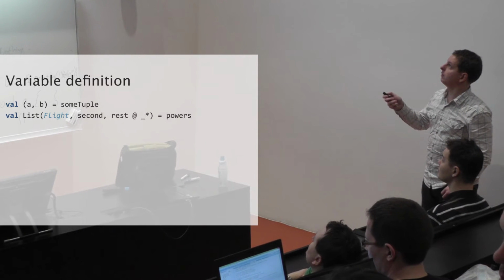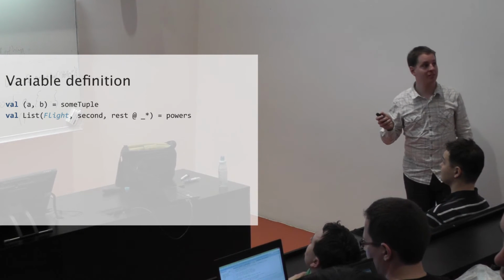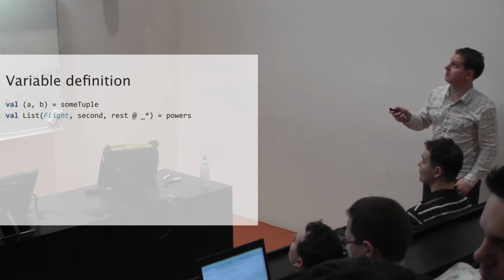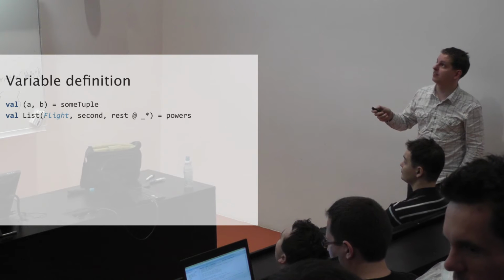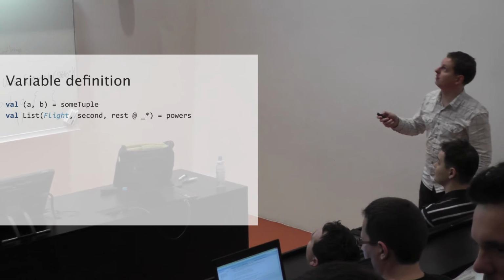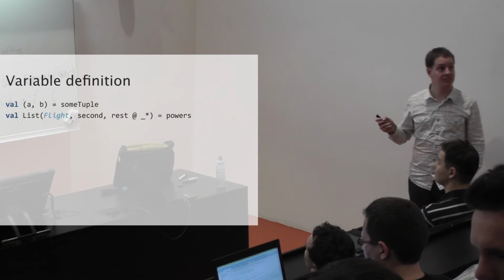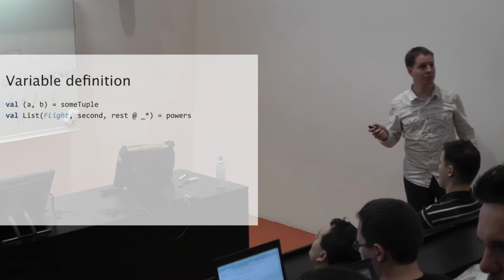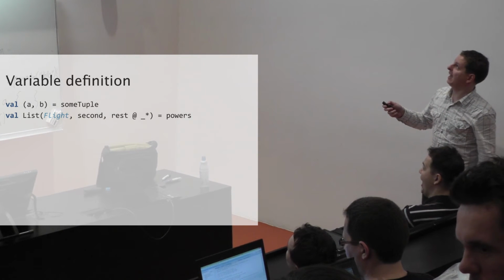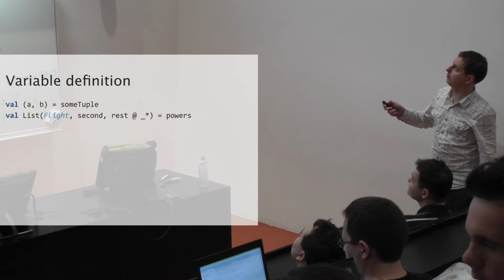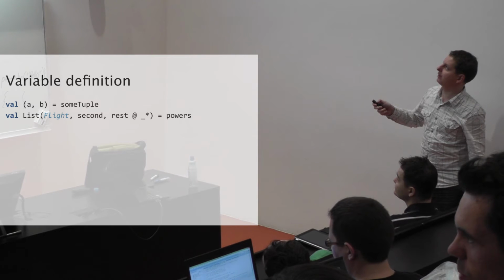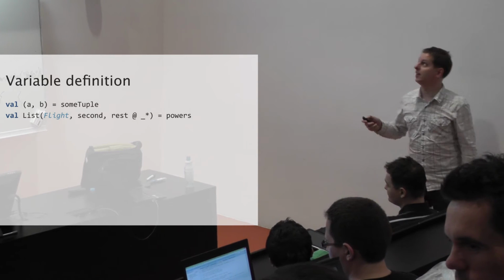The other one, again, is a sequence pattern with a list. There is some list, and we assume its first element is a flight. We want to know its second element. We extract it to the second variable, which is created for us. And this is a new kind of symbol. This is the pattern for the rest.